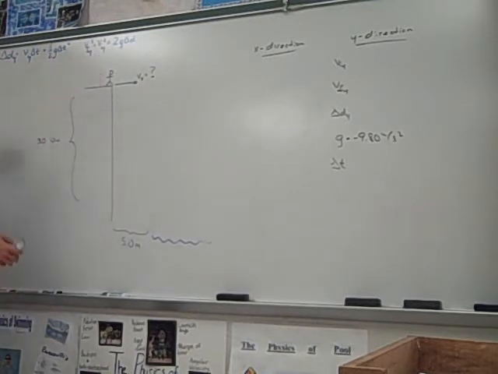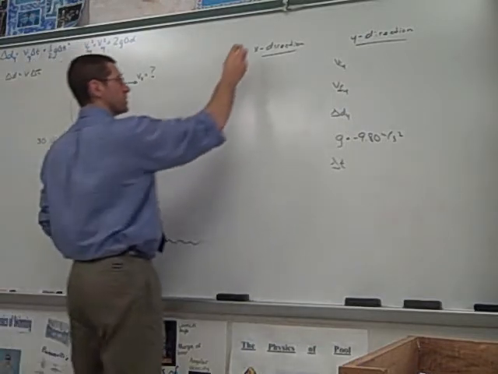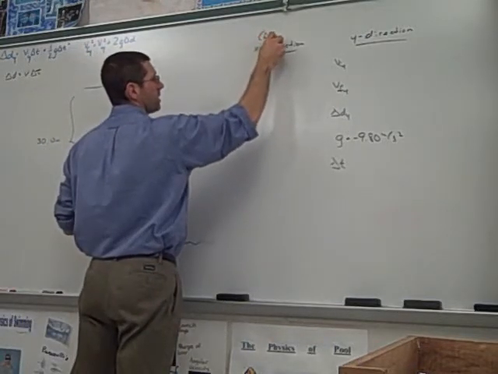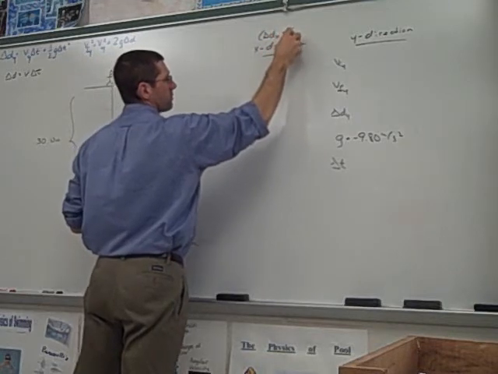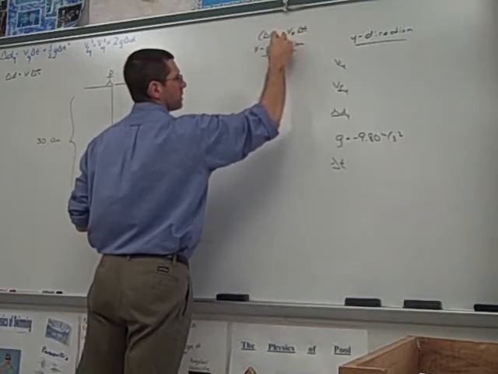Again, not very useful. If we make acceleration 0 here, we're left with delta d equals V delta t. And that is basically our equation, remember, for average velocity. So in the x direction, we only need to worry about one equation. And that's going to be delta dx equals Vx delta t.